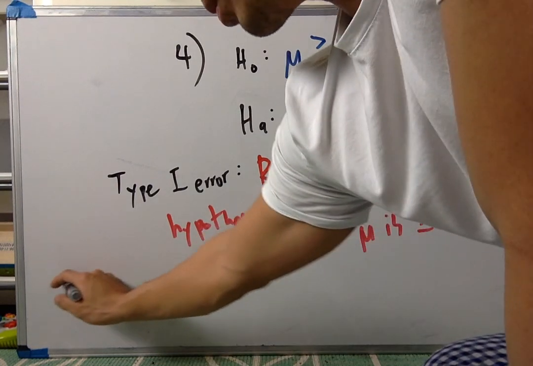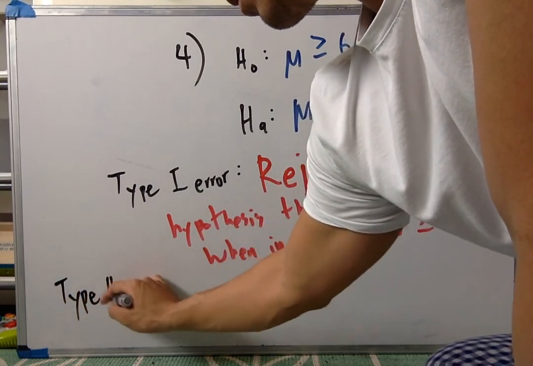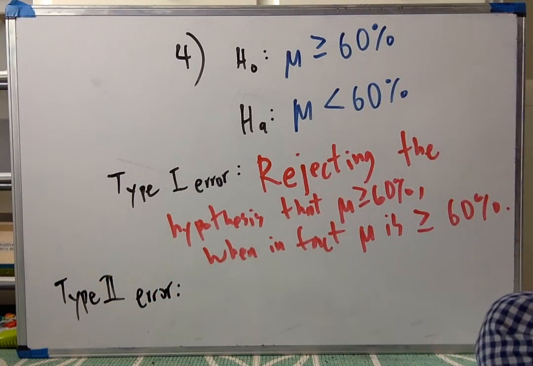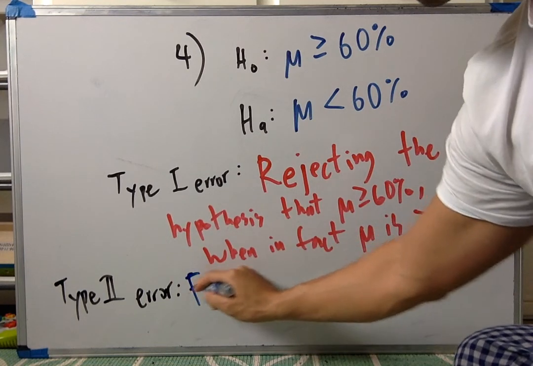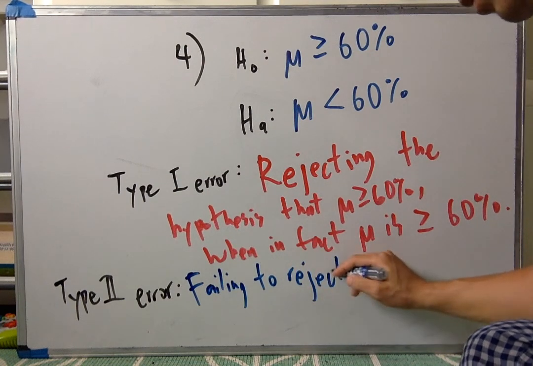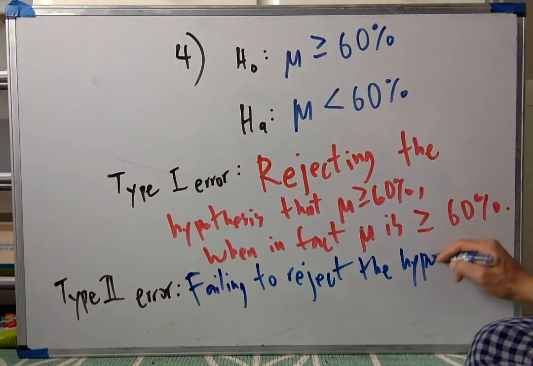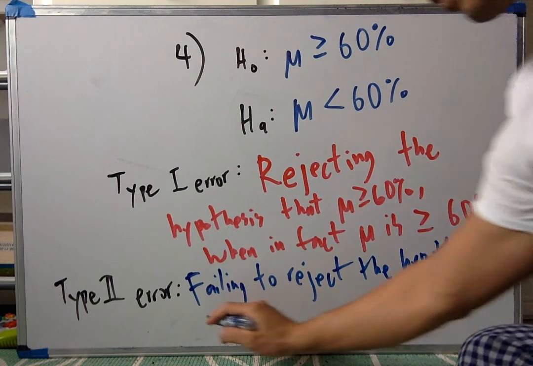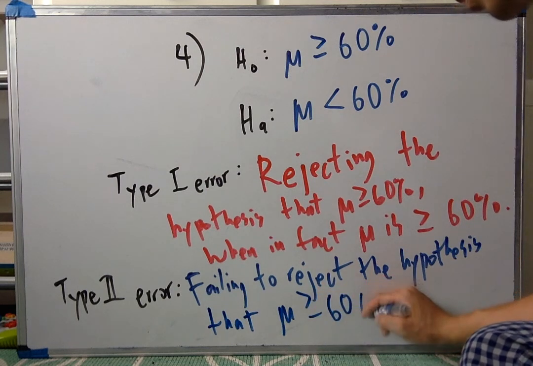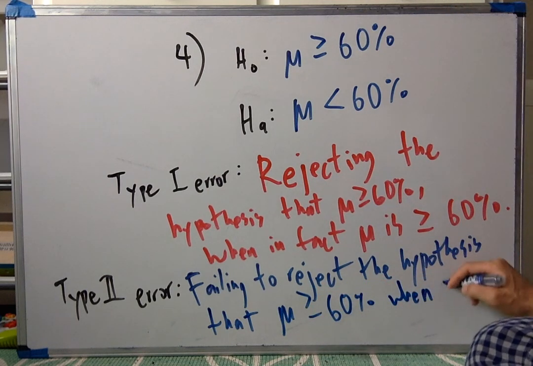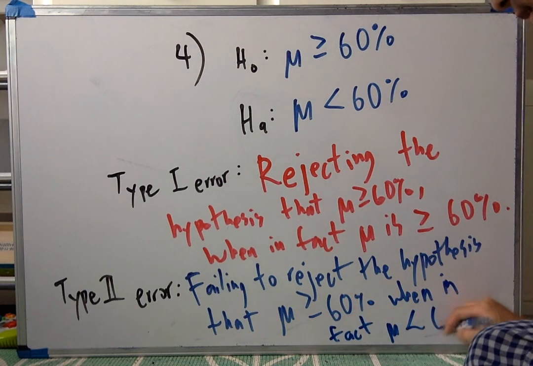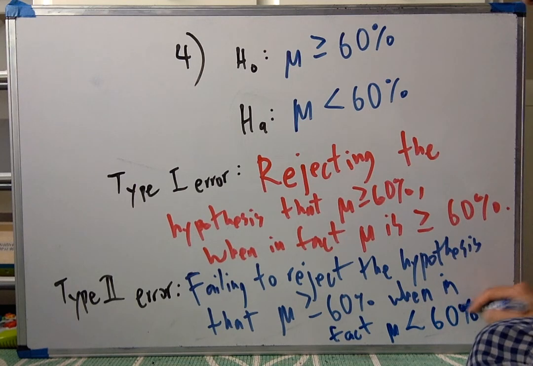Okay, so type 2 error is a similar idea except in the other direction. This time let's do it in blue. So that would be failing to reject the hypothesis that mu is greater than or equal to 60% when in fact mu is less than 60%, strictly less than 60%.